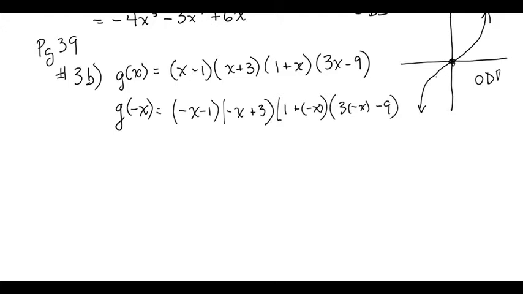Okay, then we can simplify this. Nothing to simplify in the first two factors, but here we have 1 plus a negative x, so that's just 1 minus x. Here we have 3 times negative x, which is just negative 3x.